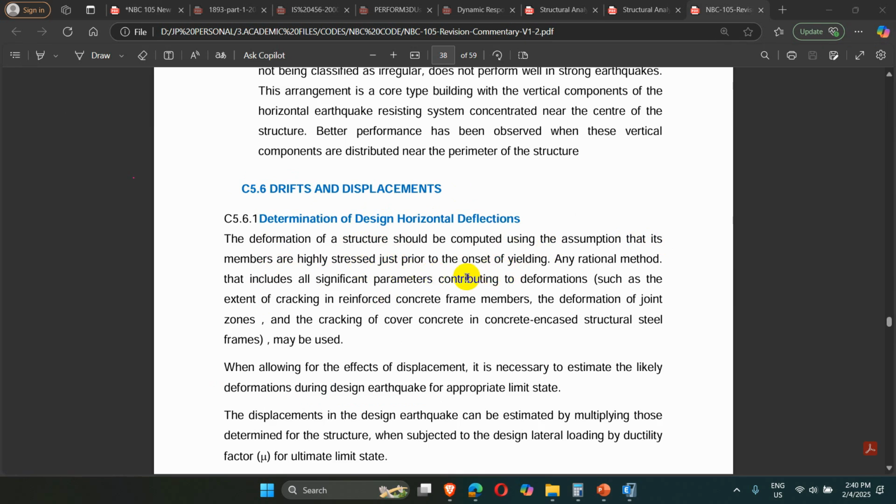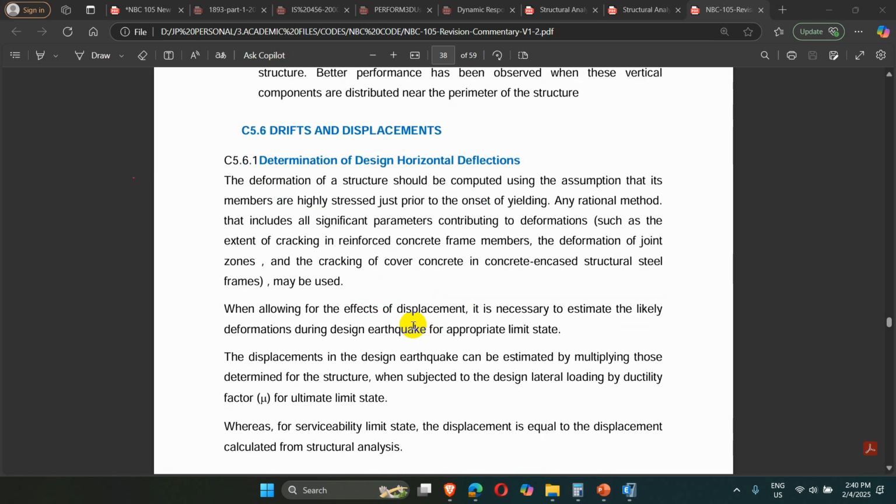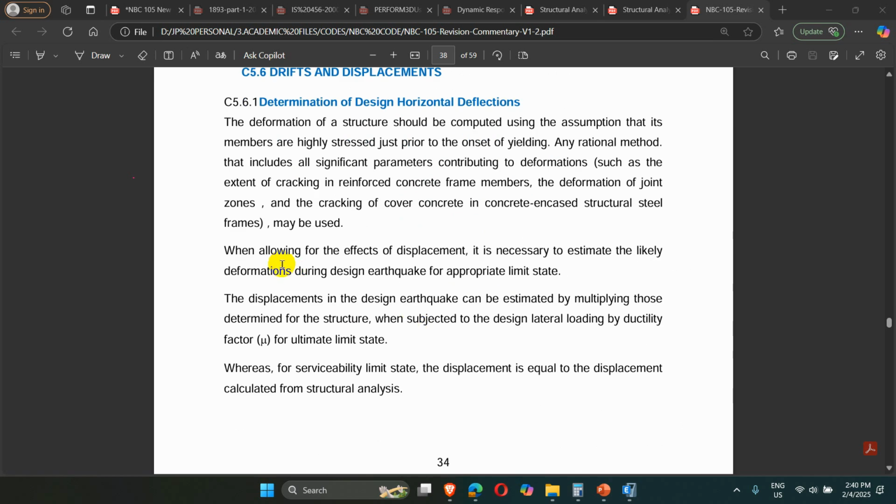Any rational method that includes all significant parameters contributing to deformation, such as extent of cracking in the RC frame members, deformation of the joints and the cracking of cover concrete in the concrete encased structural steel frames, may be used.